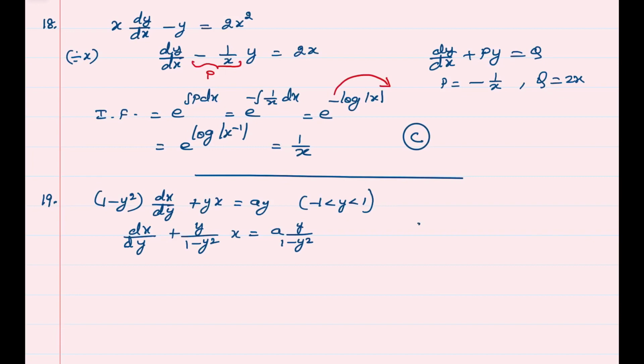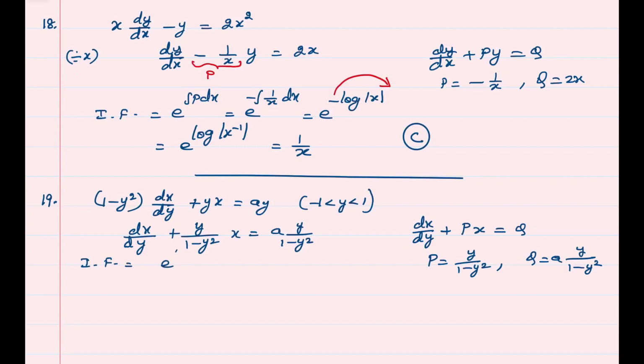This differential equation is of the form dx/dy plus Px is equal to Q, where P and Q are functions of y. P is y divided by 1 minus y squared and Q is ay divided by 1 minus y squared.